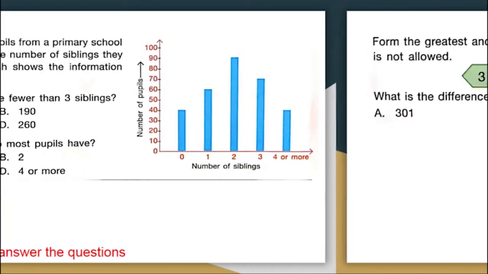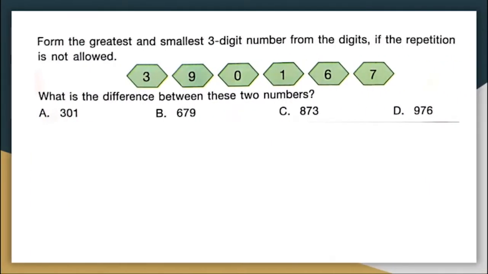Next one. Form the greatest and the smallest 3-digit number from the digits if repetition is not allowed. What is the difference between these two numbers? You're given some digits here. From these digits, you have to find the greatest 3-digit number and the smallest 3-digit number. Which will be the greatest 3-digit number you can form?